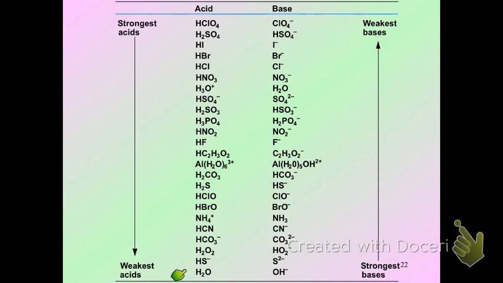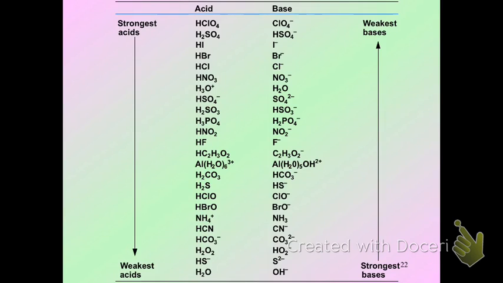HS minus versus H2S: why is HS minus weaker than H2S? Negative charge, right? What you've been talking about. It's all exemplified there, and you could think of almost any two acids. There are bigger charts than this one, but for any two common acids, think, I think this one's stronger than this one, and then look at that. Oh yeah, that one is stronger than that one. So you can go through and think about things like that.